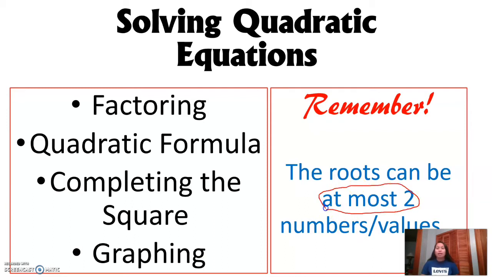Okay? But it cannot be 3 or 4 or beyond. Also, there are problems that would give us only one value or only one answer. In some cases, there are also problems that would not give us any real number answers. And we'll talk more about that in my next videos.